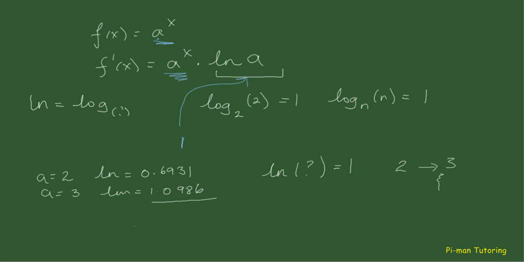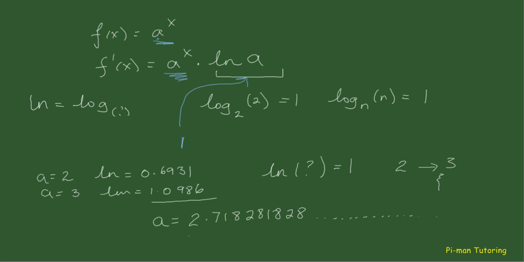And if you play on your calculator and keep plugging in numbers, you will find that the value of a you're looking for is 2.7182818828, and then it goes on and on.